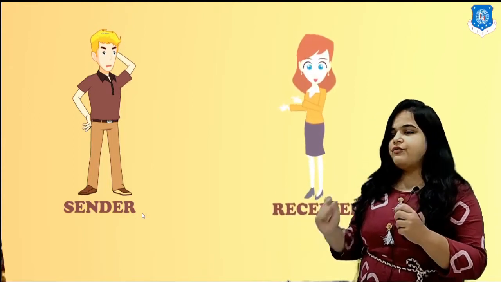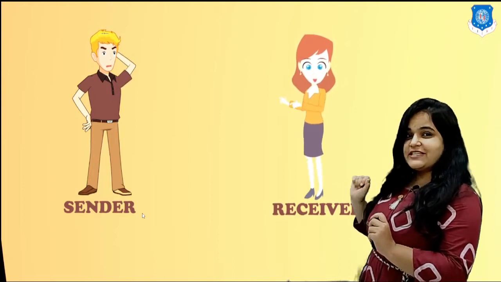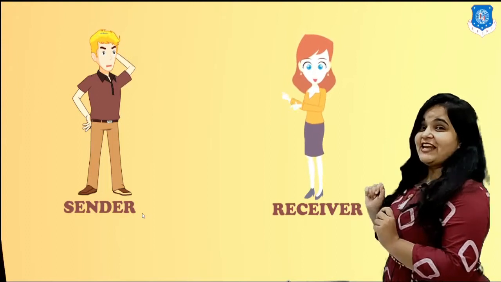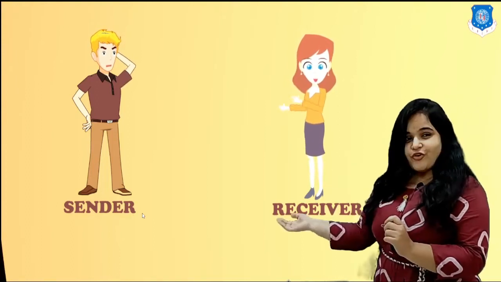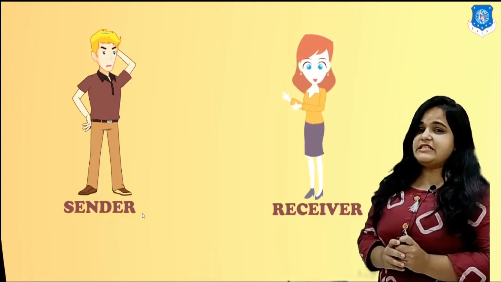Please remember, students, that the sender is a person who initiates the process of communication. He or she is the initiator of the process, and is initiating the communication for the receiver. Remember the name of our receiver? Yes, she is our Jane. Here our John wants to transmit some information to our receiver Jane.